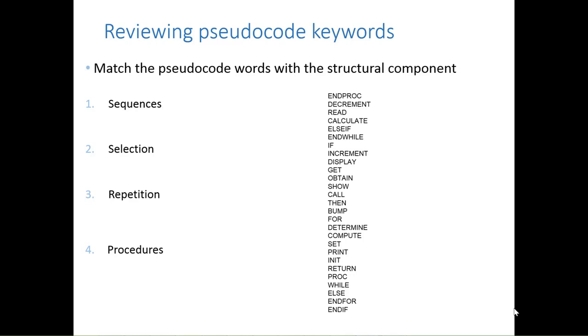As you do this, keep in mind that any word that definitely doesn't fit in with numbers 2, 3, or 4 will fall into the more general sequence category. So for example, end proc goes with number 4, whereas decrement would not necessarily be used with any of 2, 3, and 4, so that's a sequence.